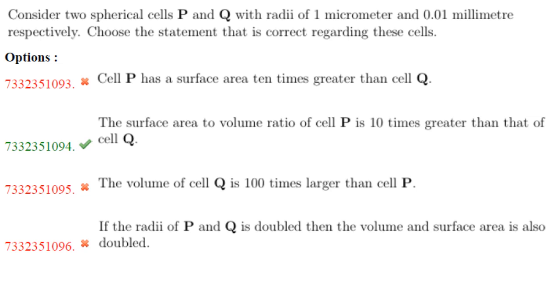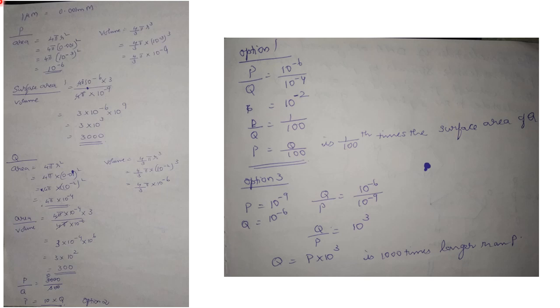Now I have done the calculation in the next slide. You can go through that. So 1 micrometer, we are converting it into millimeter, that is 0.001 millimeter. Now we know that it is a sphere. So the surface area of sphere is 4 pi r square and volume of the sphere is 4 by 3 pi r cube.